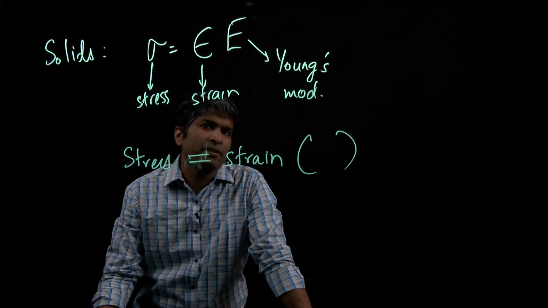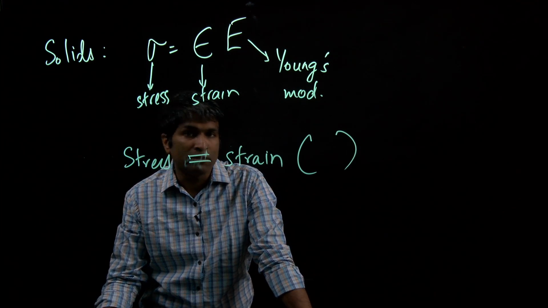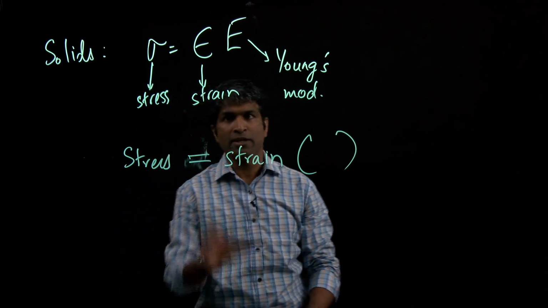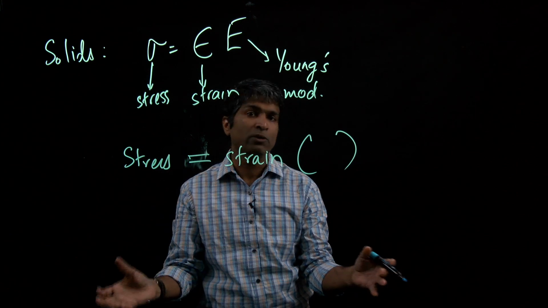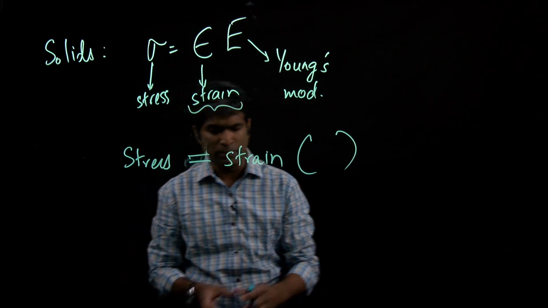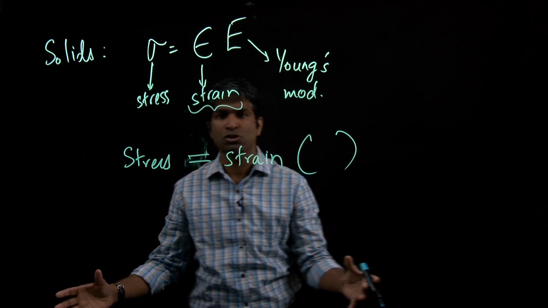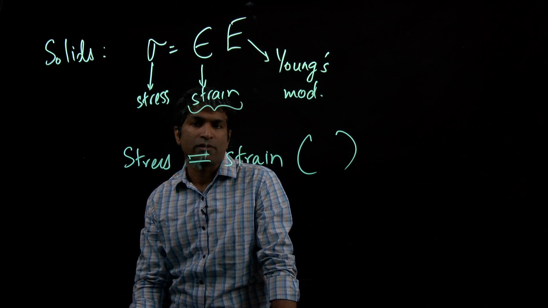The only caveat is that now we don't have a strain, we have a strain rate, because fluids don't stop deforming. In a solid, I could apply a particular stress, wait until the solid reached an equilibrium deformation, and that would be my strain. That would be the actual elongation divided by the original dimensions of the object. That would give you a strain.